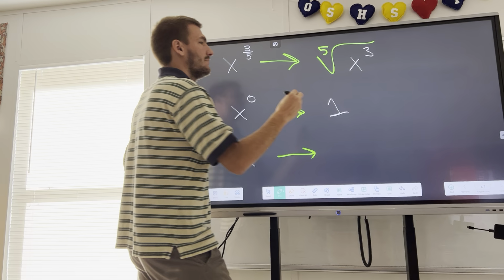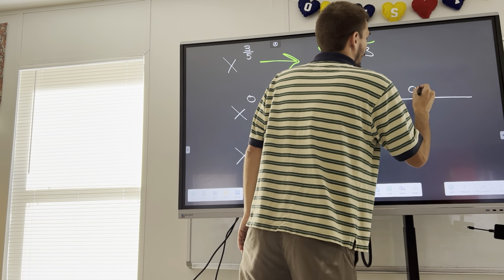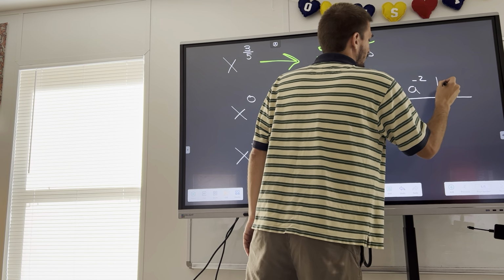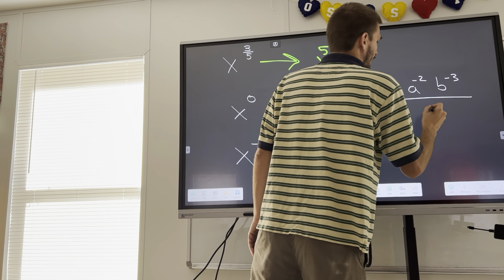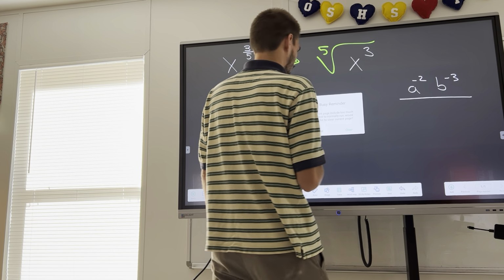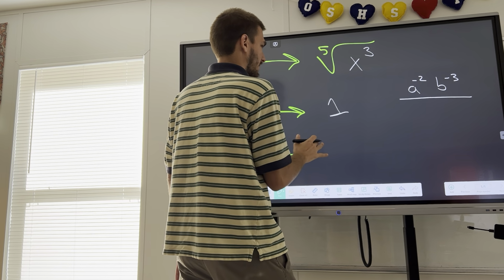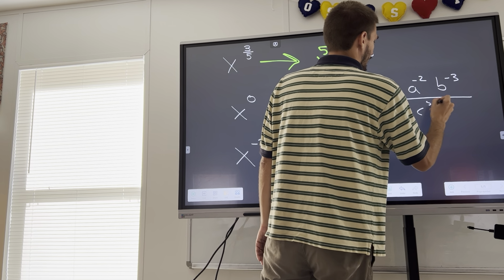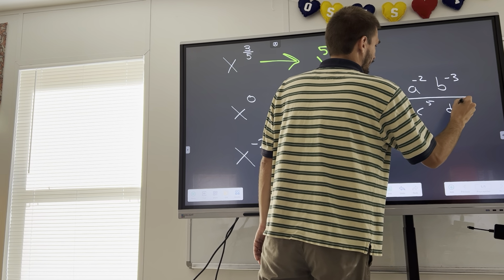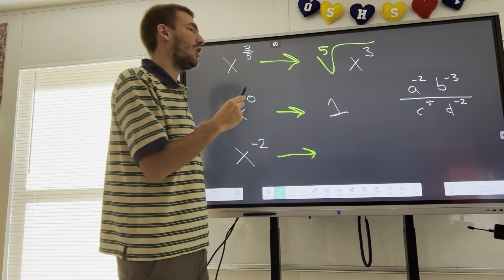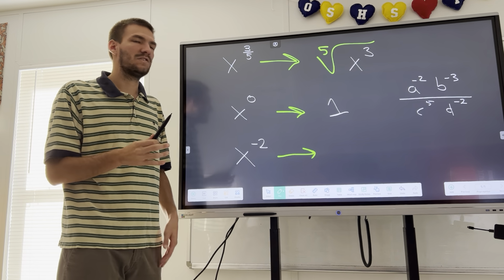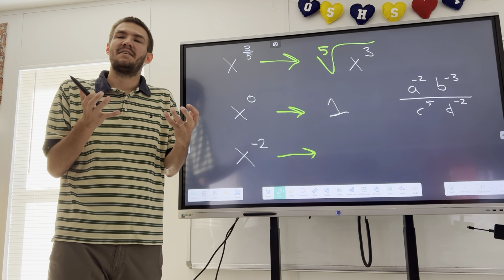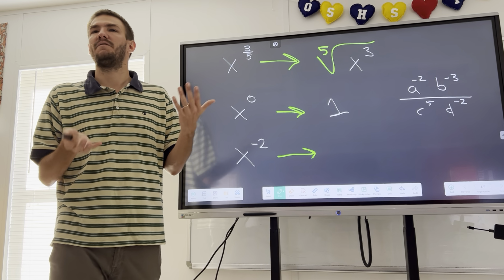So if I see something like this, a to the -2, b to the -3, c to the 5 and d to the -2, all of these things that have negatives are basically sad that they're on the wrong side of the fraction bar.